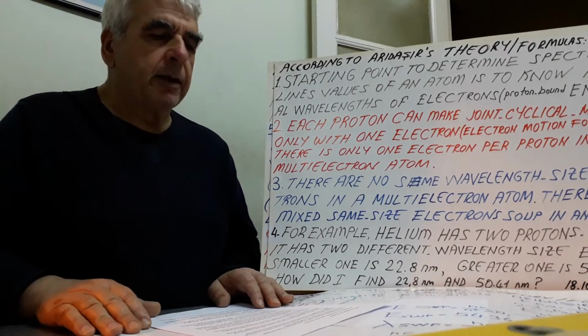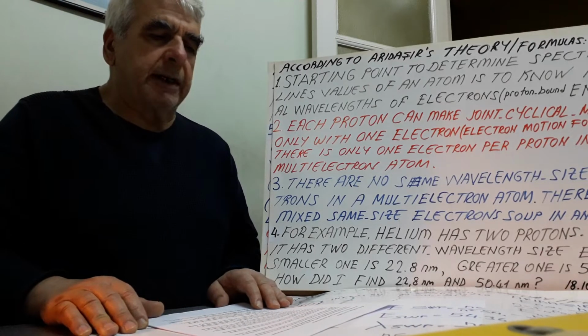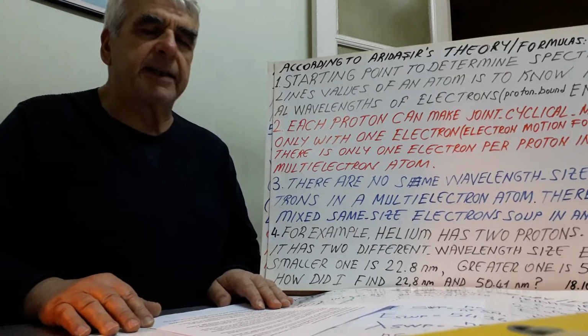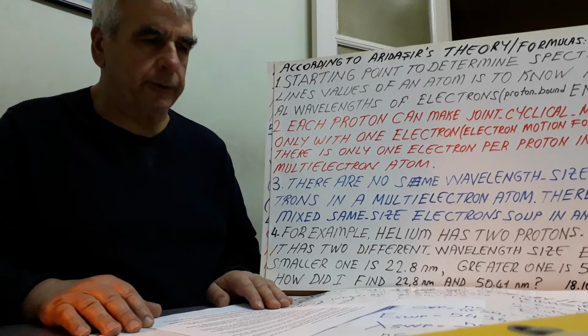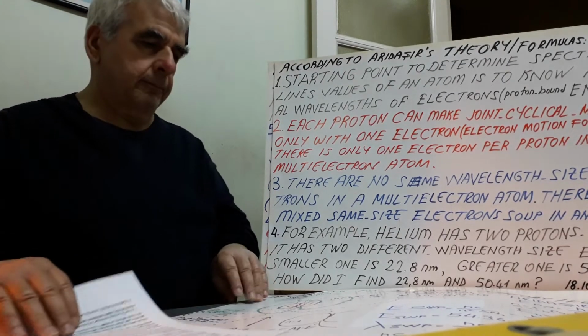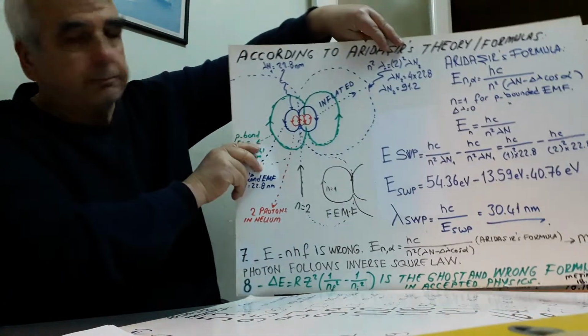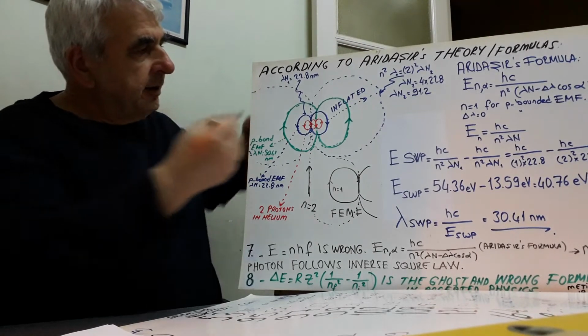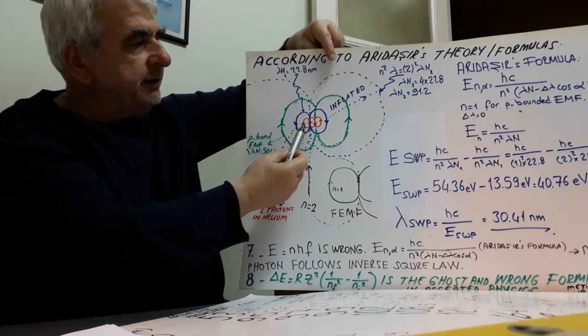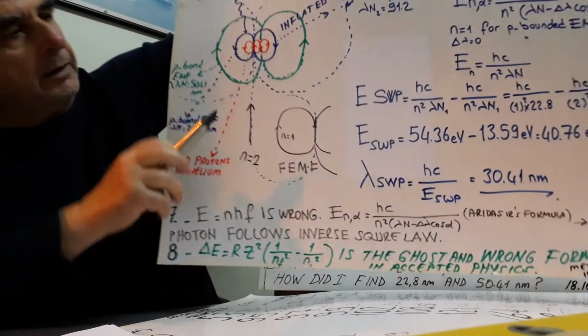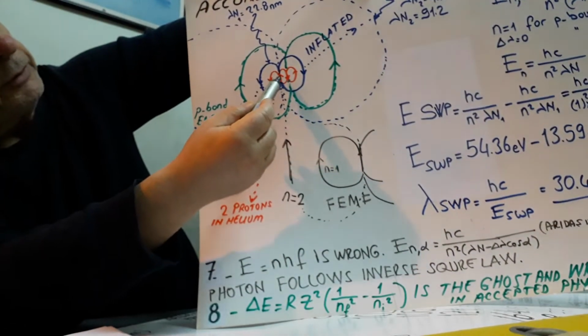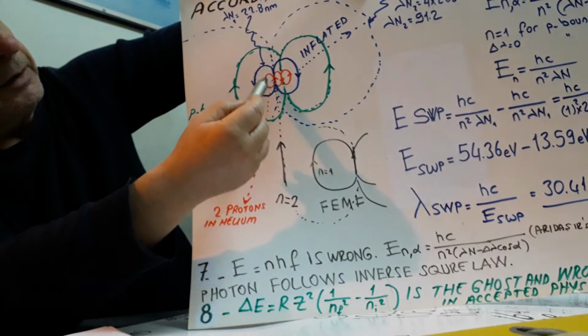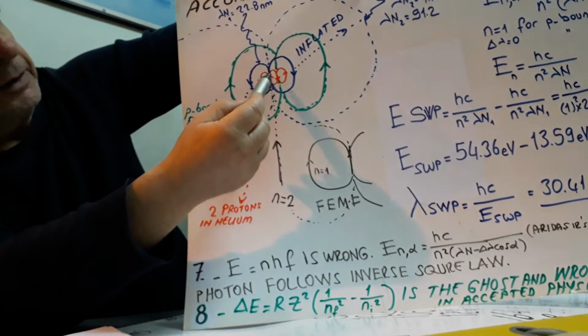4. For example, helium has 2 protons. Now, red circles are protons connected.